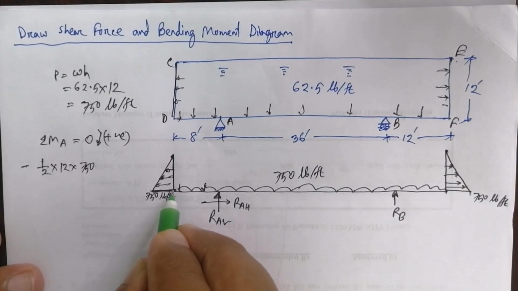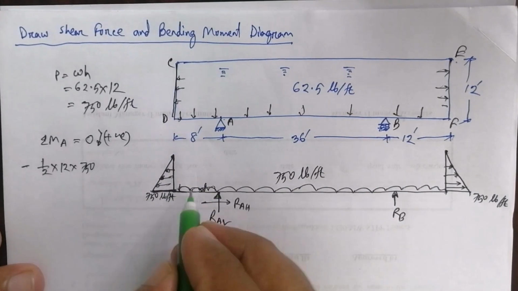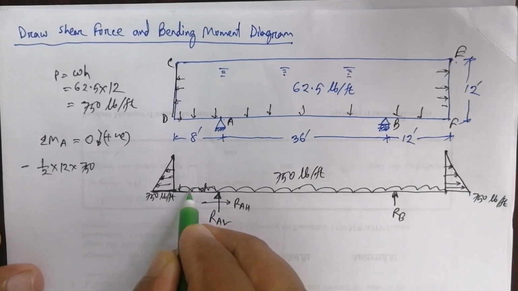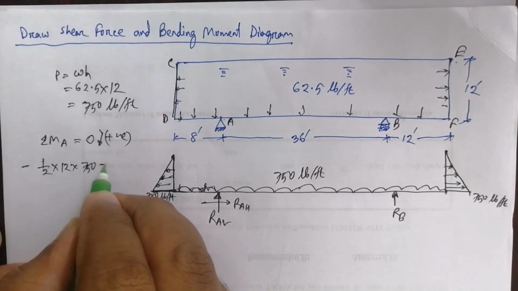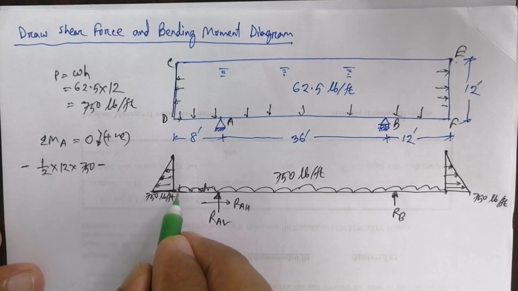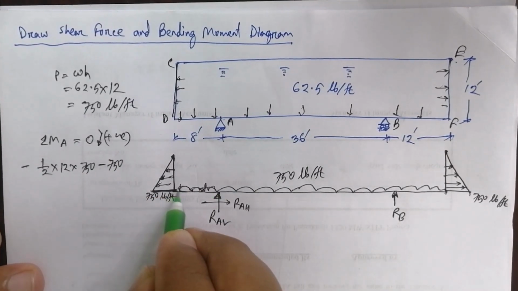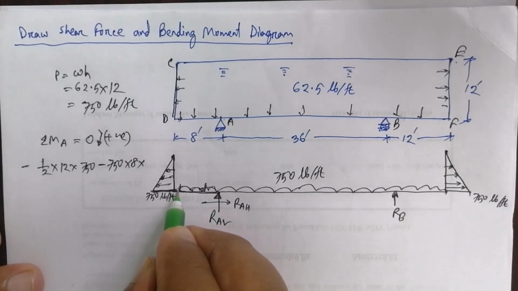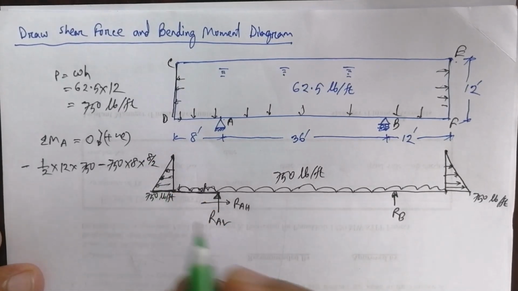Now for the DA section, that means this section, this is a distributed force, but it acts in this direction, the bottom direction. So this is also anti-clockwise. So it is minus 750, this distance 8, and it acts at the middle of these 8 feet, so 8 divided by 2.